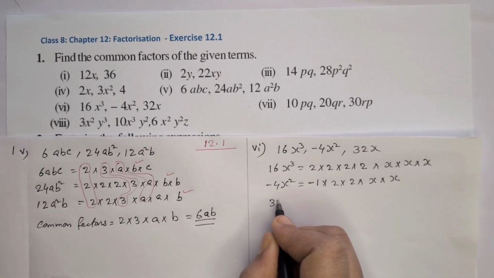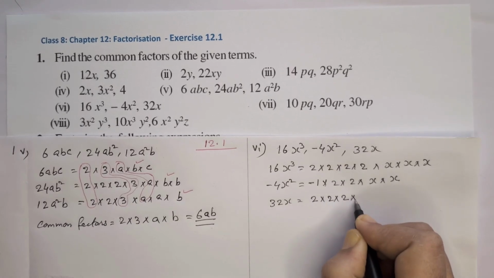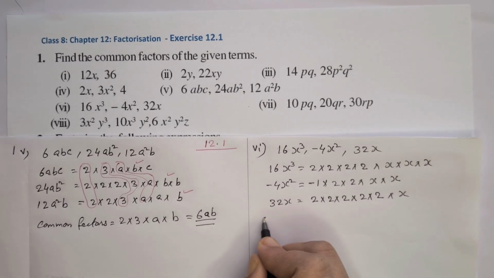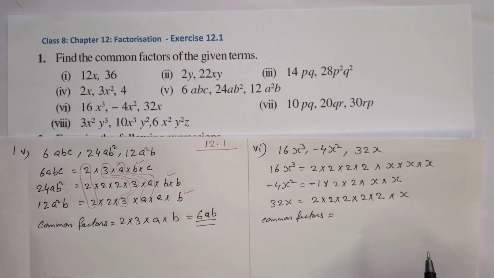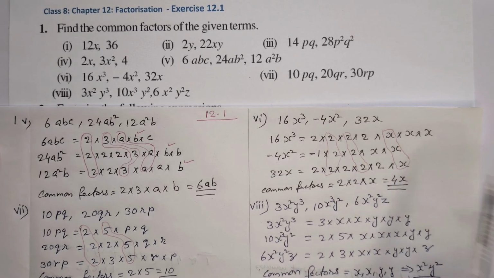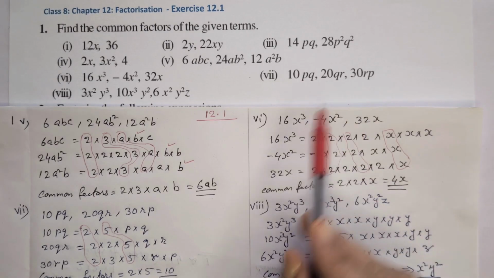Then 32h. 32 means 5 times 2, into h. Then common factors here are 2, 2 and h. That means 4 into h, 4h.